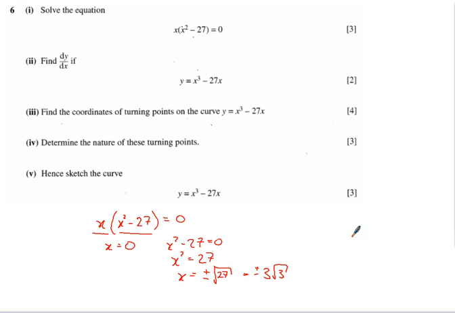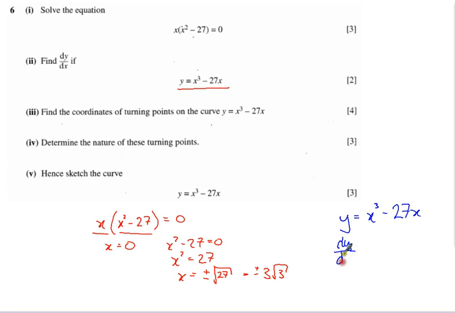Second part, now you notice this bit here, y equals x cubed minus 27x is exactly the same as this part, except that it's been multiplied out. And so this is very closely linked to what we've done before, and we will use it in the oncoming parts. So if y is equal to x cubed minus 27x, when we differentiate, we get dy by dx.